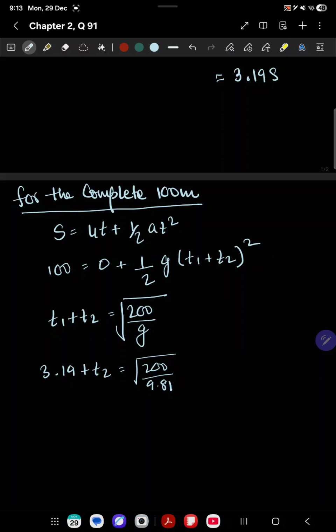So if we solve this equation, we will get 4.52 minus 3.19 as t2, which will give us the final value of 1.33 seconds. So this will be our final answer.